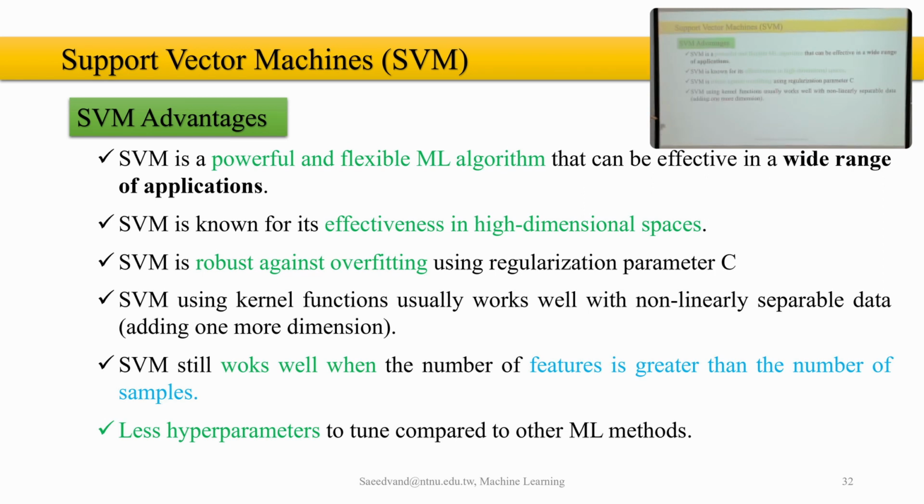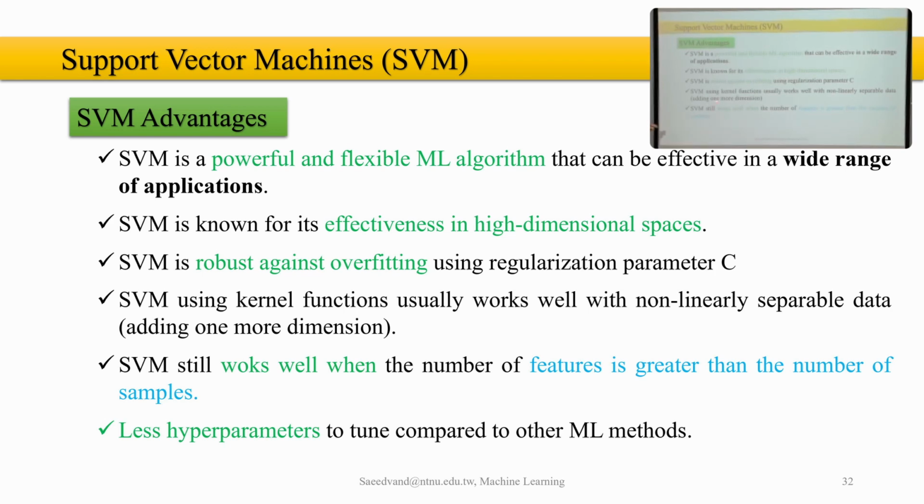SVM uses the kernel function that usually works very well with nonlinearly separable data. The point is that instead of splitting data with some curve, some nonlinear function, we add a dimension and still use a simple line to split data. That was a very nice idea that makes SVM a very good algorithm.